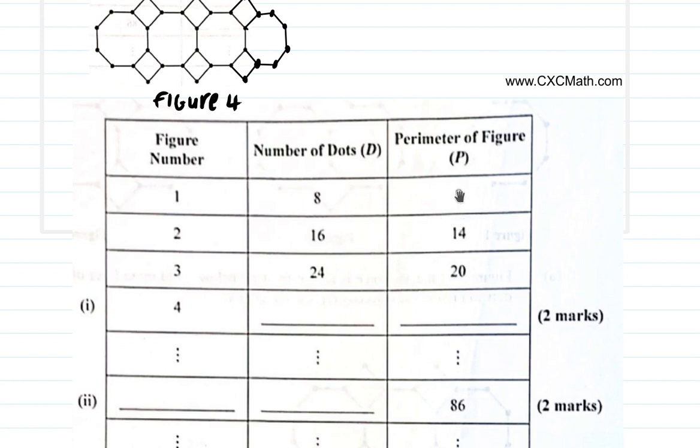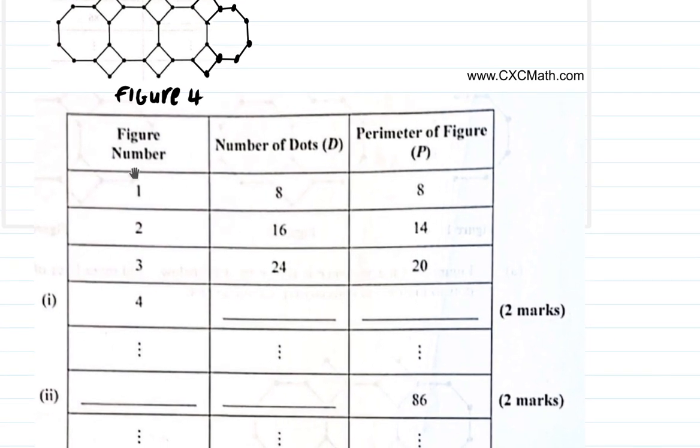First of all, you have 32 here, number of dots. Remember, 8 times 1 equals 8, 8 times 2 equals 16, 8 times 3 equals 24, 8 times 4 equals 32.